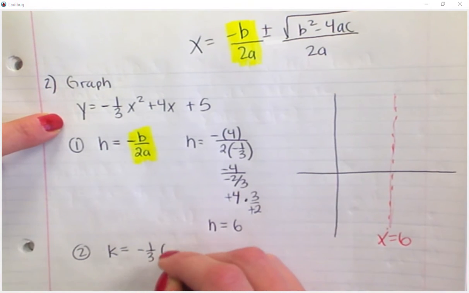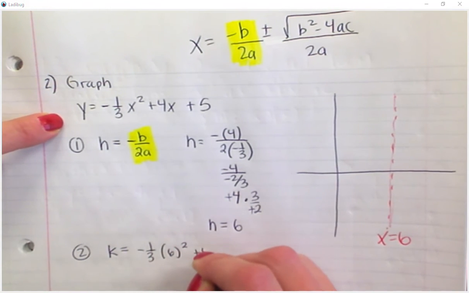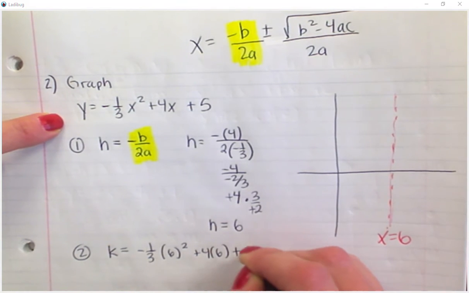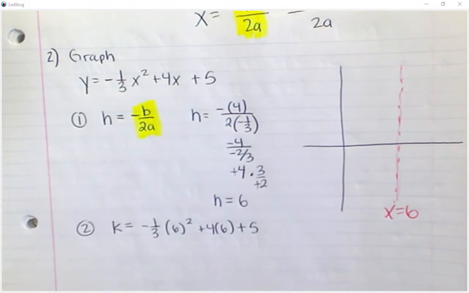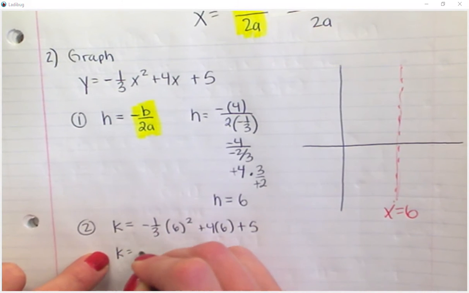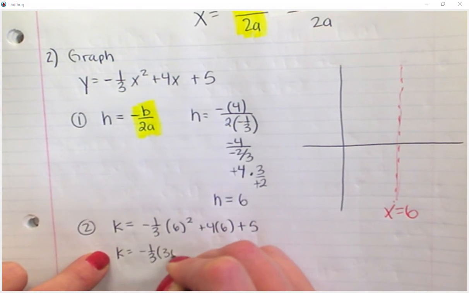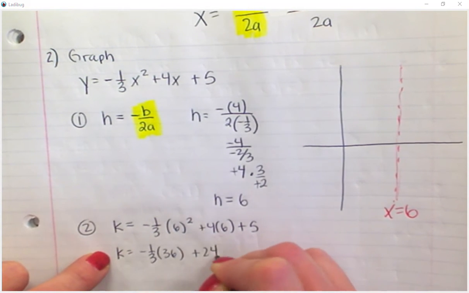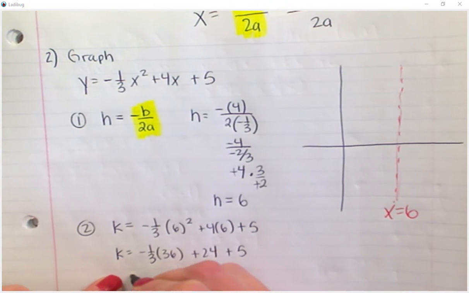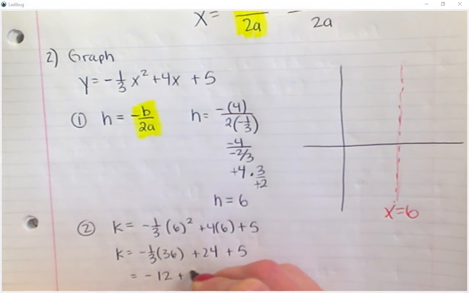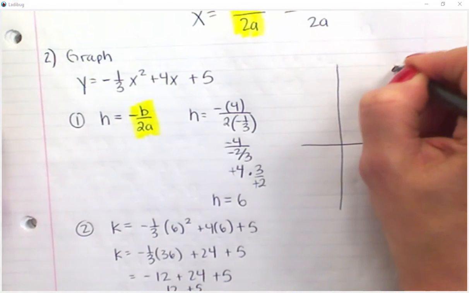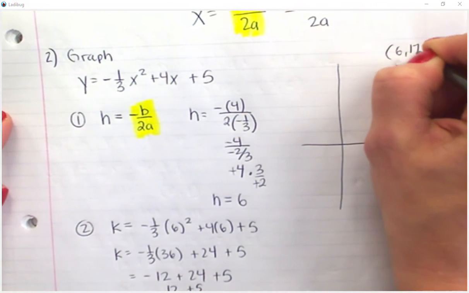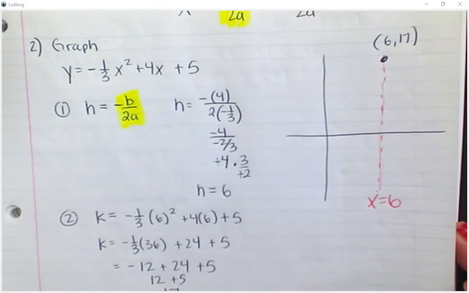There's no shortcut to K. You just plug it in. That's it. There it is. 6, 17.